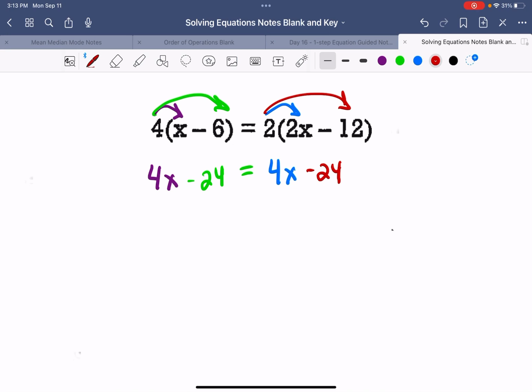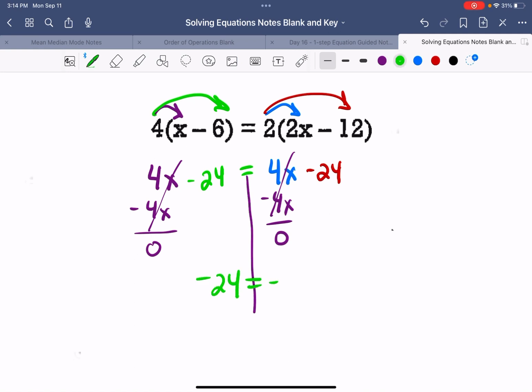Okay, if you don't see it, we'll work through it again. All right, I'll subtract 4x from this side, subtract 4x from this side. Okay, I'm getting a weird thing again. 0 and 0. What am I left with? I'm left with negative 24 is equal to negative 24.